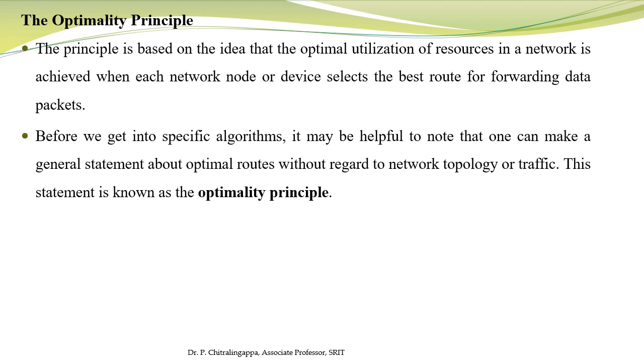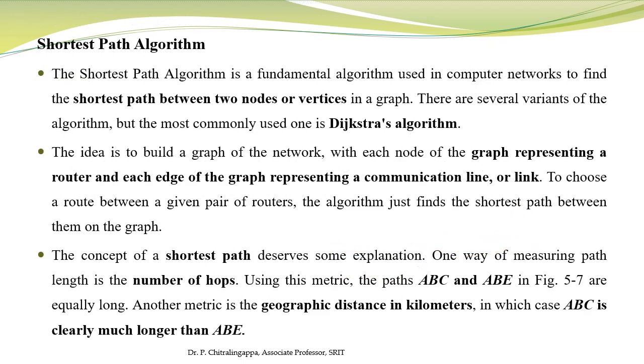The optimality principle focuses on this: let us assume there is one path from A to B. If we add one more node, J, on the path between A and B, then the sum of A to J and J to B is equal to A to B. That is called the optimality principle.